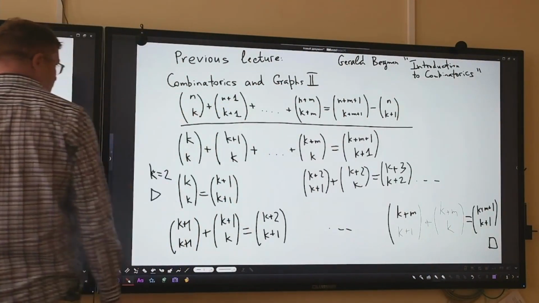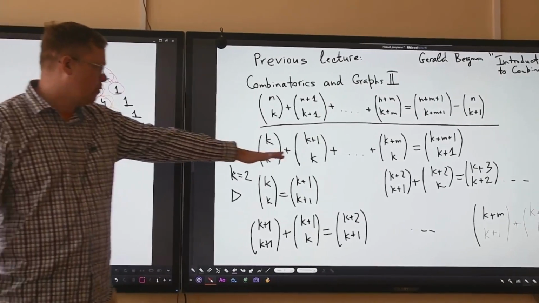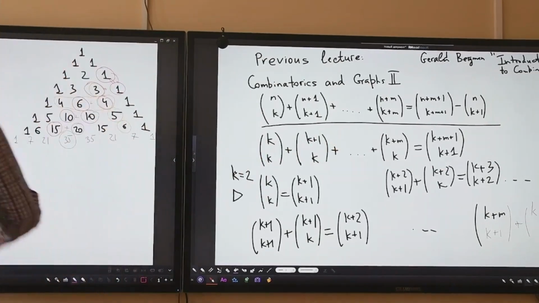And I want to show you that some combinatorial identities can be used to achieve some results in number theory. So for example, from this identity, we can calculate the sum of powers.